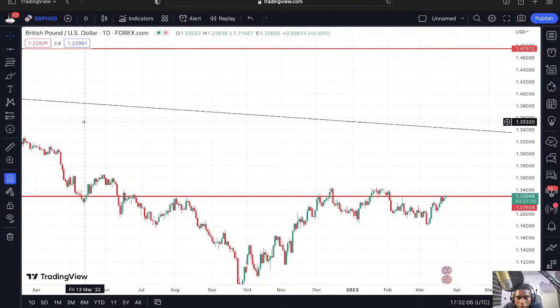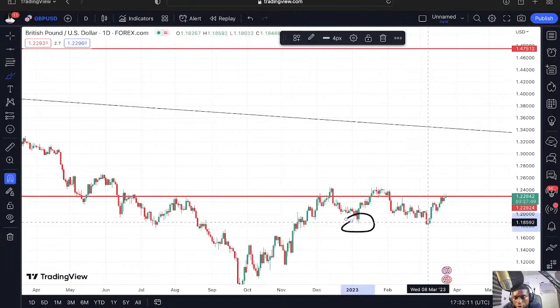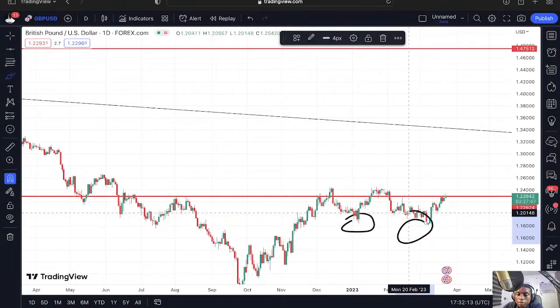bottom. So it's one bottom, this is another bottom.